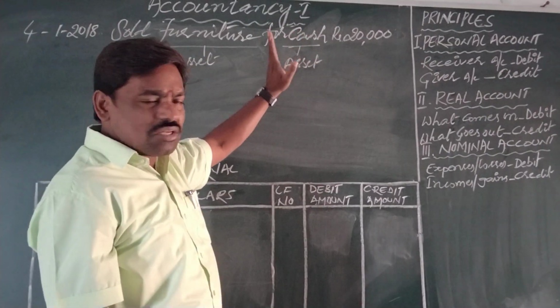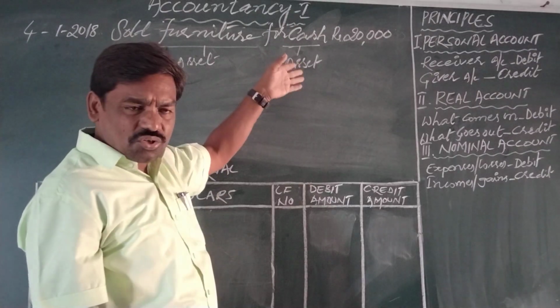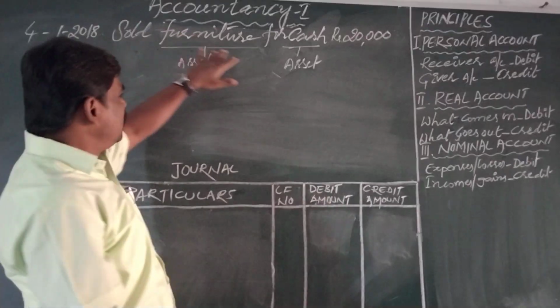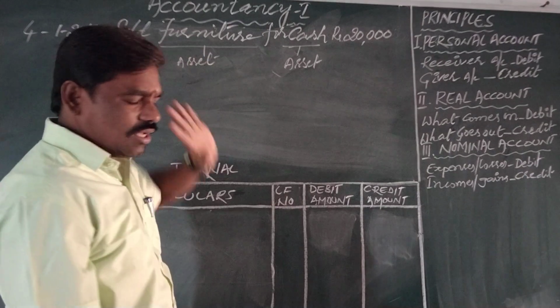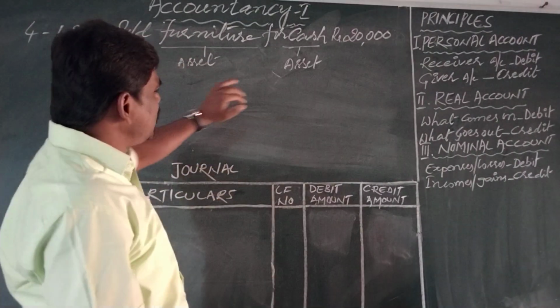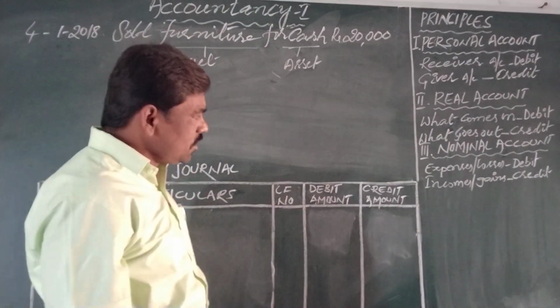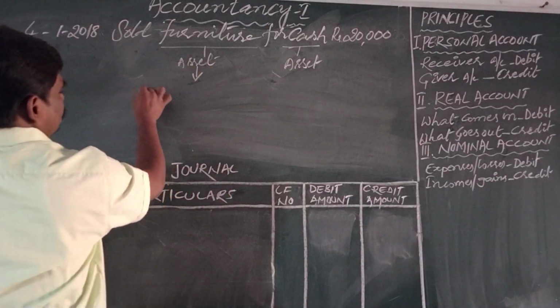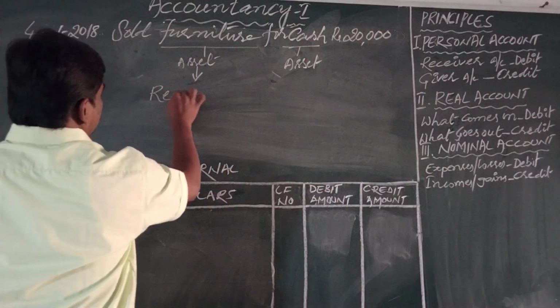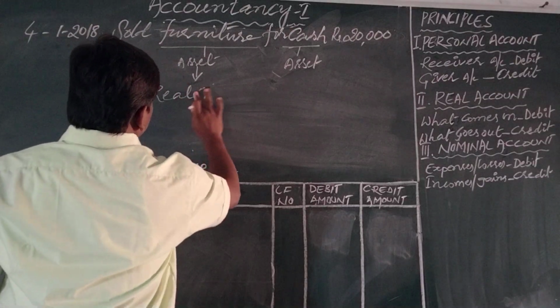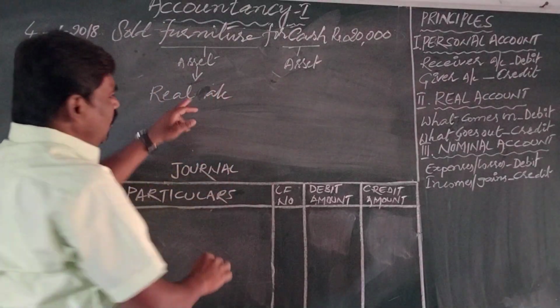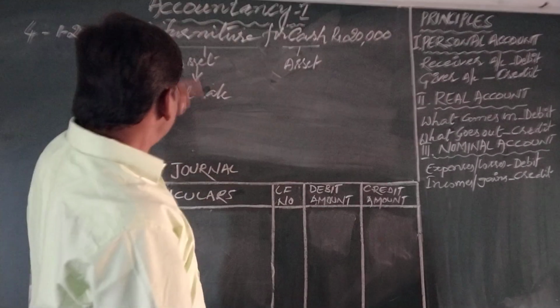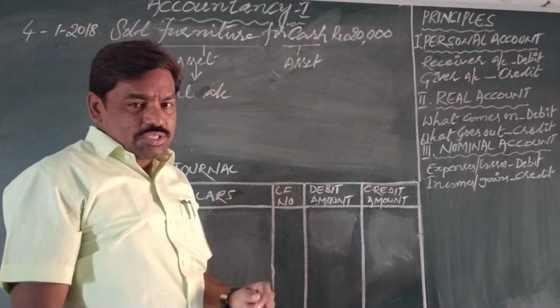If it is an expenditure, write expenditure. If it is income, write income. But in the given transaction, both are assets. Furniture is an asset, cash is also an asset. So here, asset comes under which account? Yes, real account. Asset comes under real account. That's correct. So, real account principle.